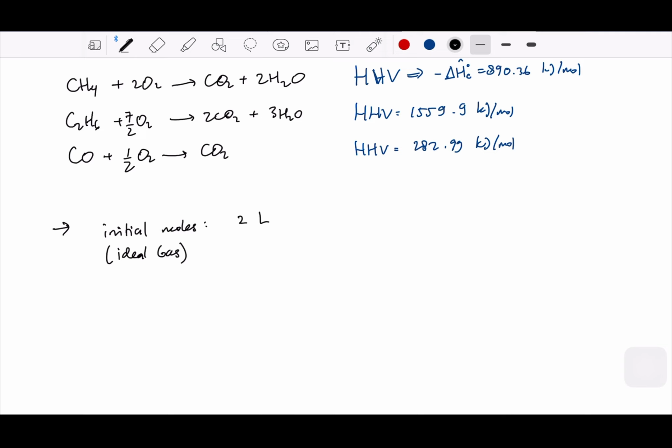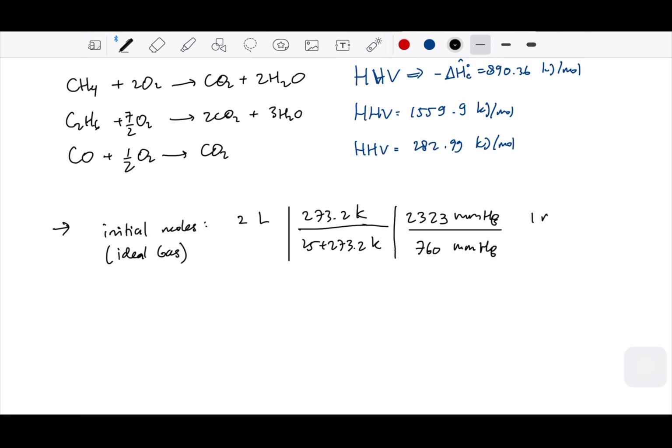So 2 liters, corrected for the difference in temperature, because we have room temperature, and then we have the pressure, converted with 760 and divided by 22.4 liters. And we get that this is going to be 0.25 mole.